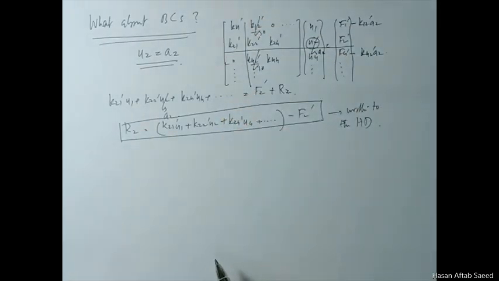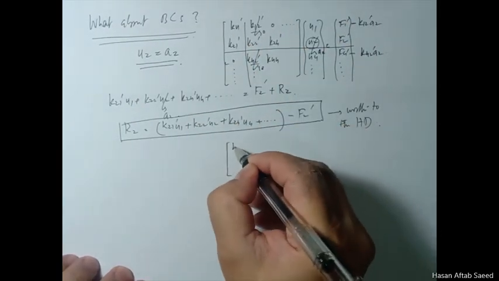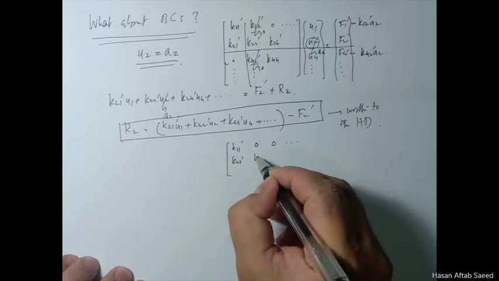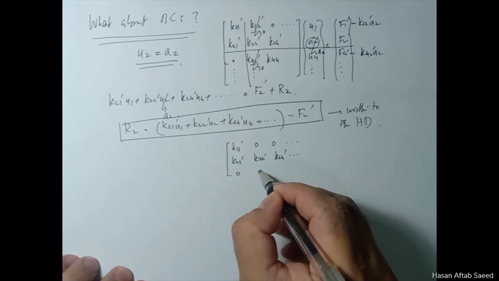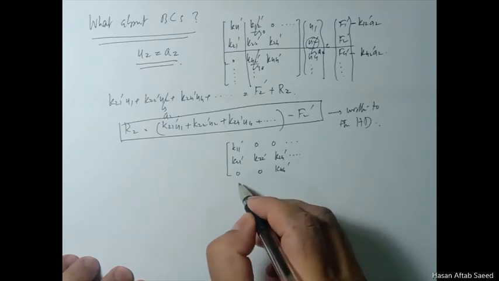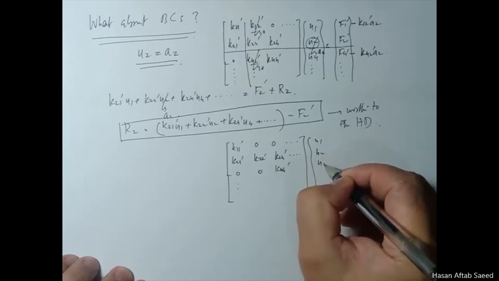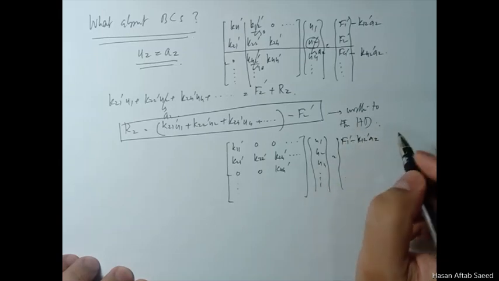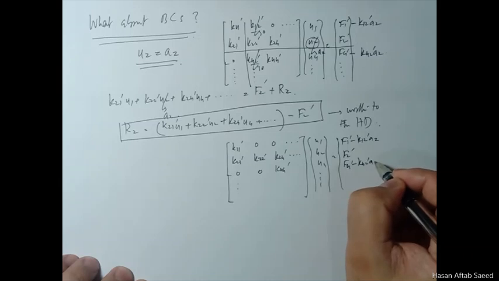As a result of this, you will have this k11 prime 0 0, k21 prime, k22 prime, k24 prime 0 0, k4 is prime, u1 u2 u4, f1 prime minus k1 prime, f2 prime, f4 prime minus k42 prime, a2, and so on.